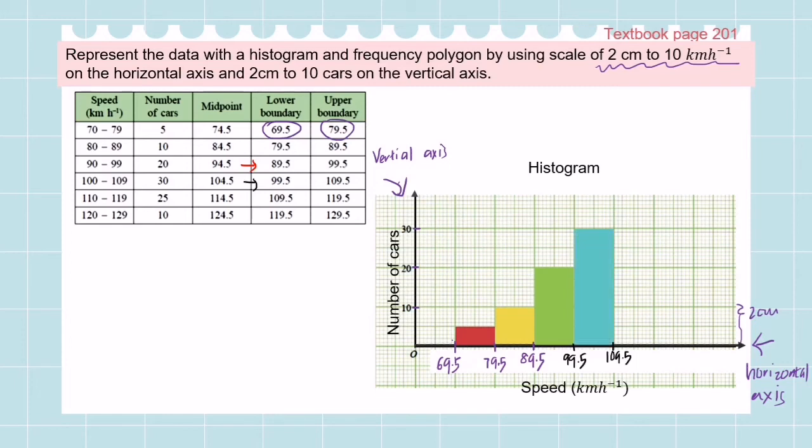Of course, you can also write all the lower boundaries and upper boundaries first, then only draw the histogram. It's up to you. So let's say after 109.5 is 119.5, and after 119.5 is 129.5. After I write every number on the x-axis or horizontal axis, then I draw the bars. It's okay. So this is the histogram.